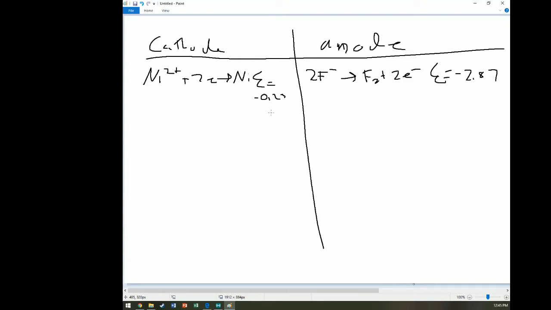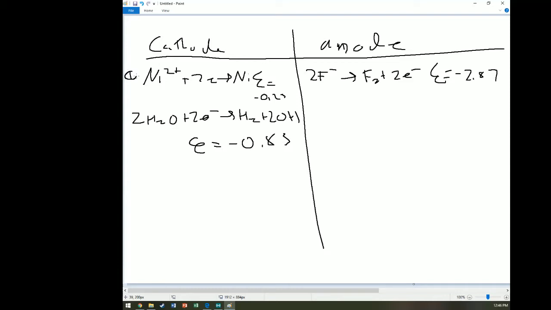I'm going to start on the cathode side, and the way I do this is I look at my table and look for where water is being reduced. Here I immediately spot a reaction: 2H2O plus 2e- goes into H2 plus 2OH-, and the cell potential associated with that is negative 0.83.